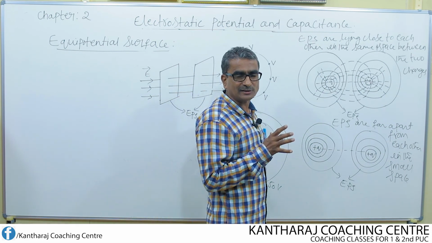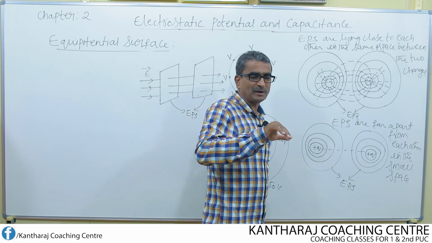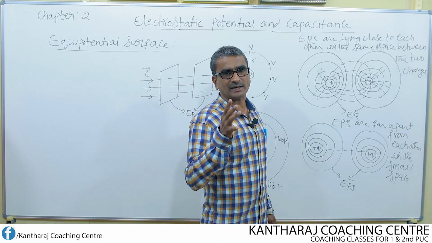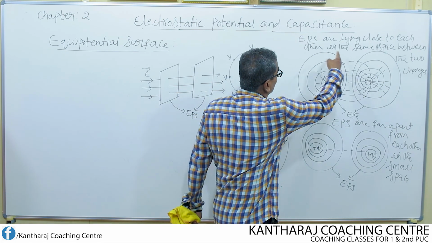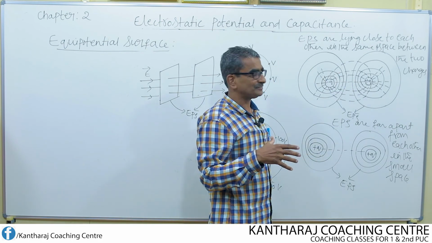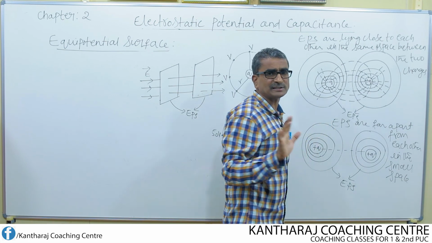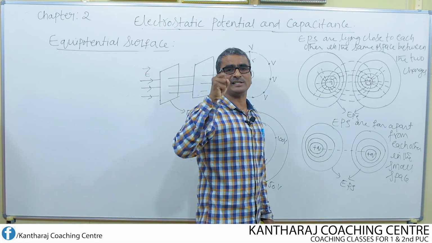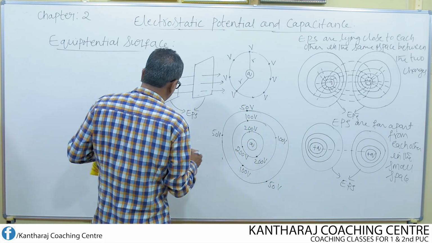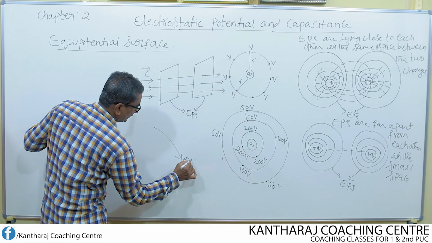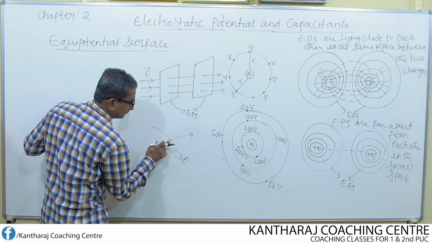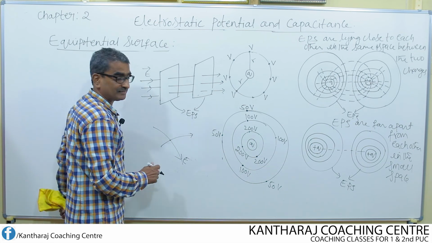Similarly, based on this property of electric field, I can say one more property with respect to the equipotential surface. What is that property? No two equipotential surfaces are going to intersect with each other, just like two electric lines of force. If you consider, this is one electric line of force, this is another electric line of force. If these two intersect at this point, then there must be two field directions.